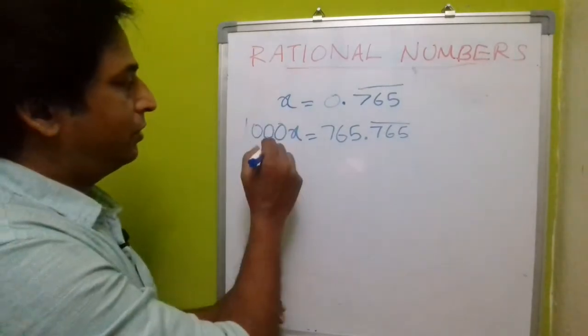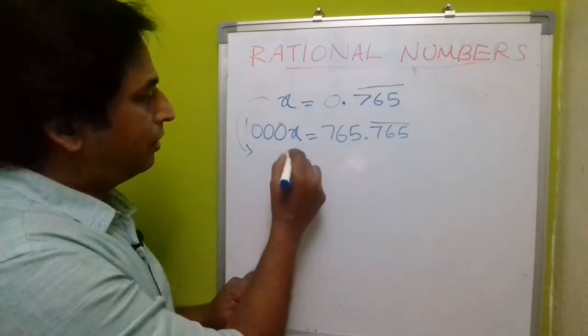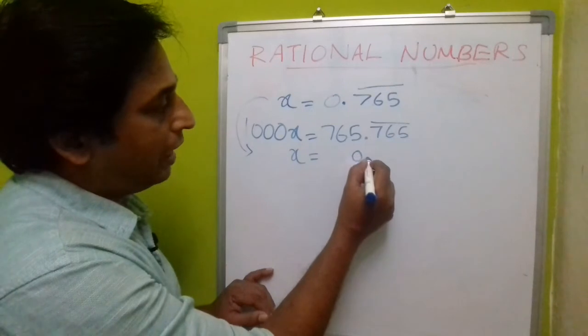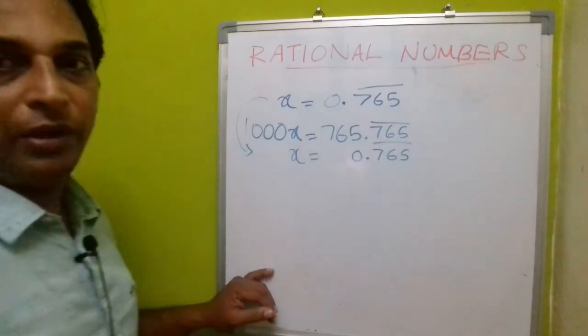Now let us bring this x to this side. For subtracting, write it again after aligning the decimals. The rules for subtracting decimal numbers are mentioned in a different video.